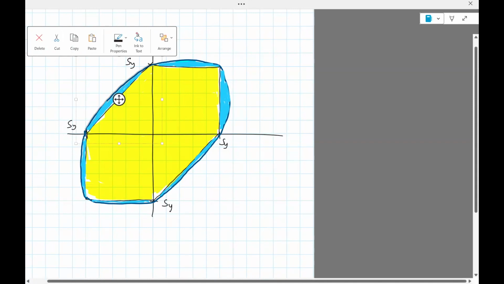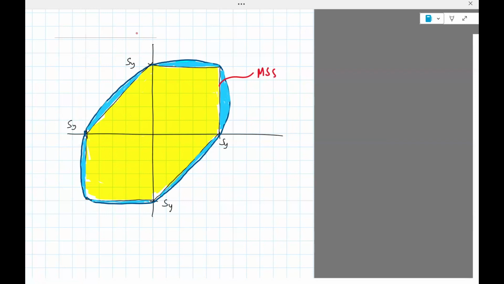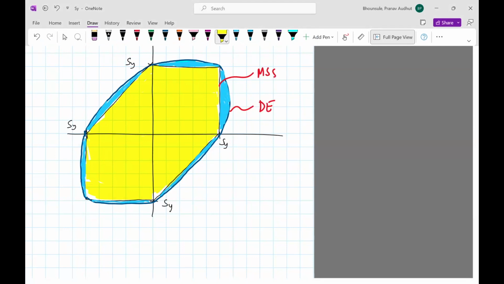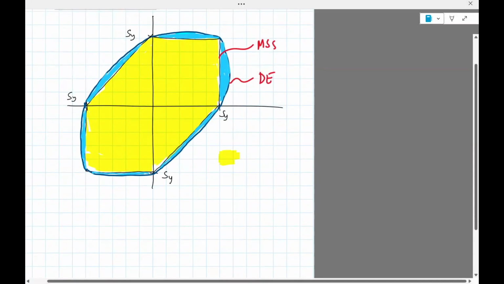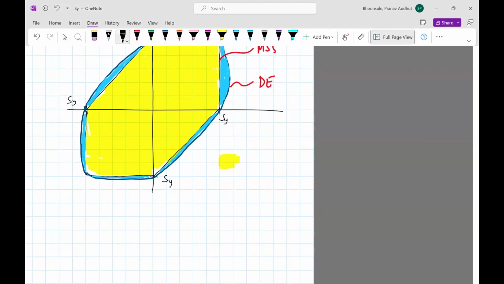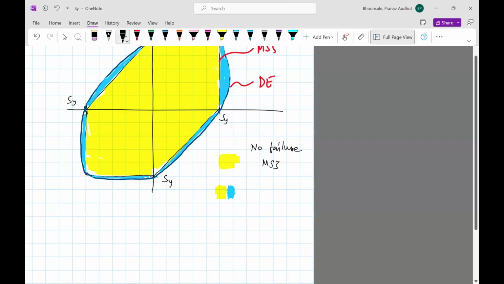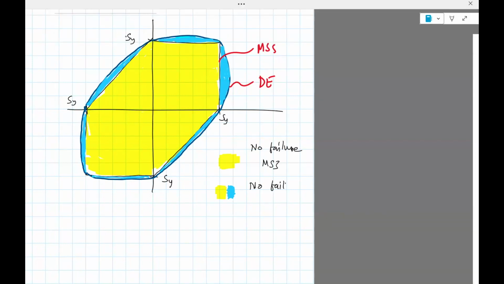Okay, so this boundary is the MSS boundary. This boundary is the DE boundary. So if you have the yellow region, this is no failure using the MSS criterion. And then for the other one, which is yellow plus the blue, that is both regions, you need to consider both those regions, you will have no failure due to DE.